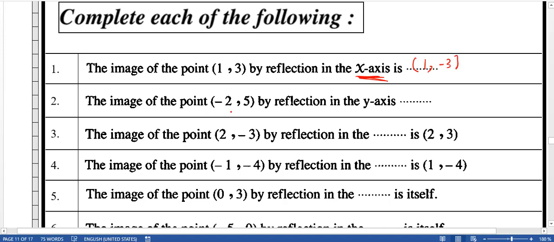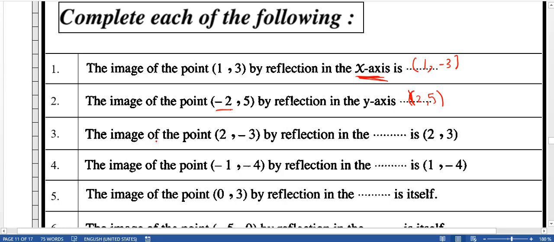The image of the point negative 5, negative 2 and 5 by reflection on the y-axis. Here we want to reflect the point in the y-axis, so we'll change the sign of the x coordinate. It will be 2 and 5, because we change the sign of the x coordinate.